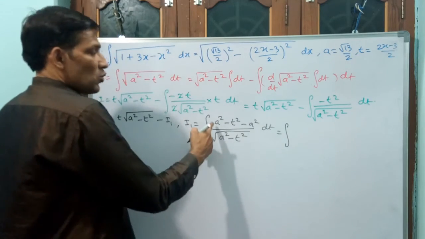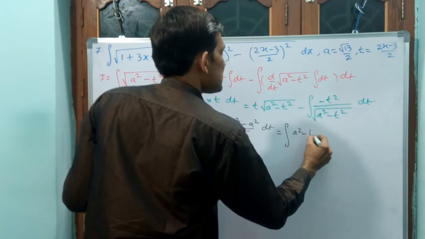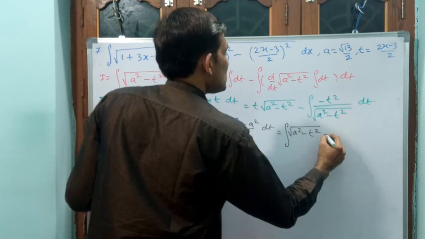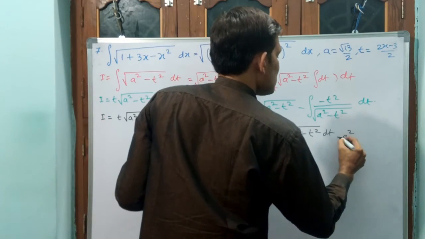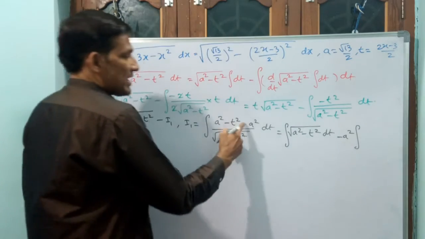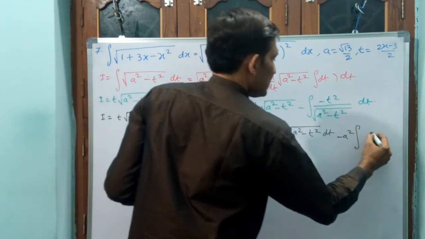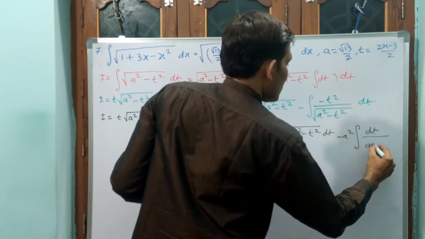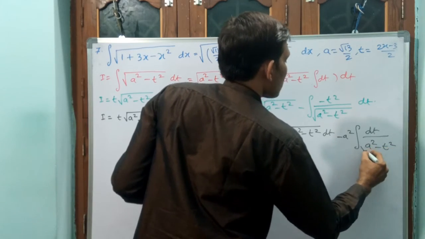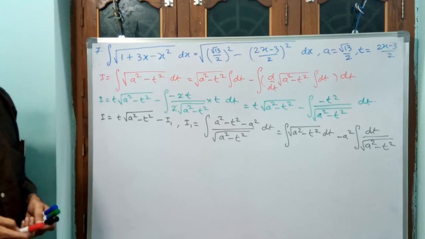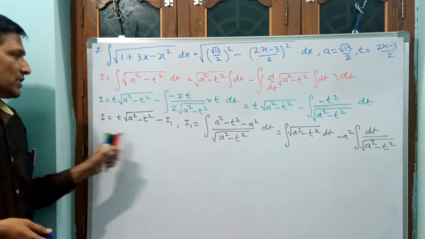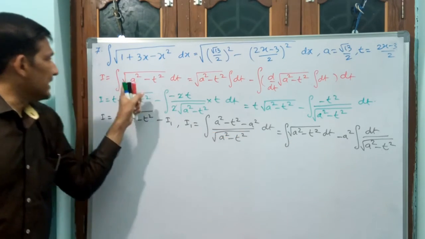Integral root of a square minus t square dt, minus a square integral dt by square root of a square minus t square. Is it okay? Okay. Now see, this is like I again.